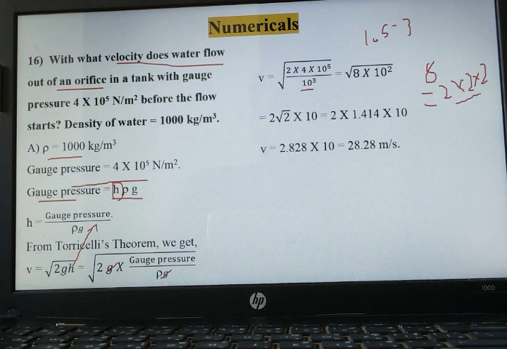Over here 2 are there, so we can take one 2 outside. Inside we will get under root 2 into 10 square. As it is square, 10 will go outside. Under root 2's value is 1.414. So 2 into 1.414 into 10, and after multiplying we get the answer, that is 28.28 meter per second.